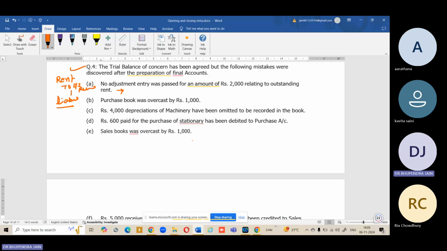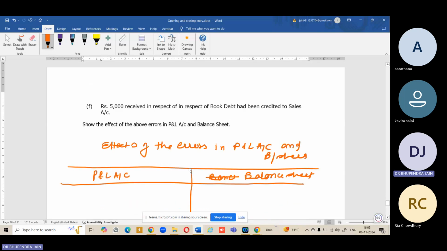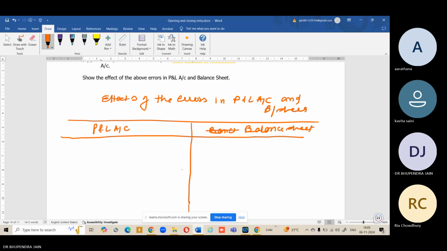What will be the effect? The effect will be in the profit and loss account. क्या होगा बेटा? Profit overcasted by rupees 2,000.